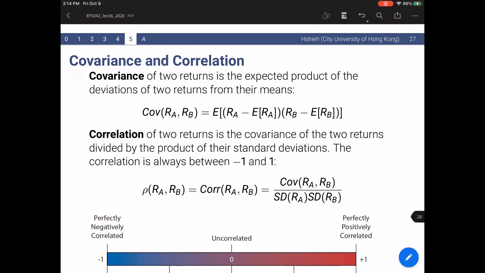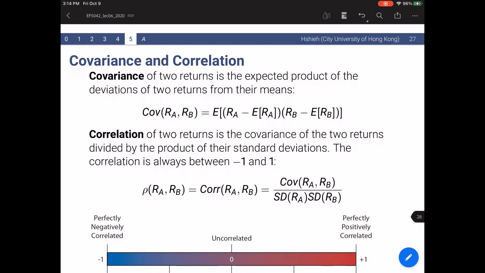So covariance and correlation is just looking at how two assets are moving together. It looks like variance, but rather than squaring itself, we just multiply deviations from the mean of these two different assets.